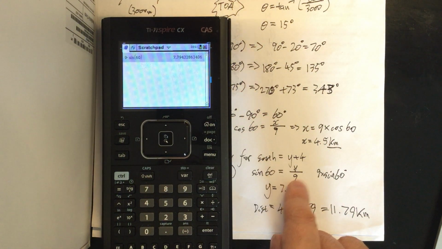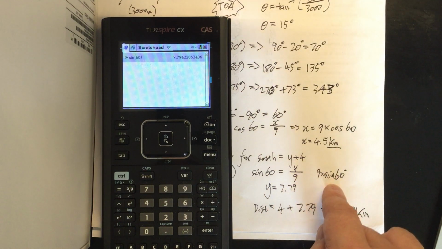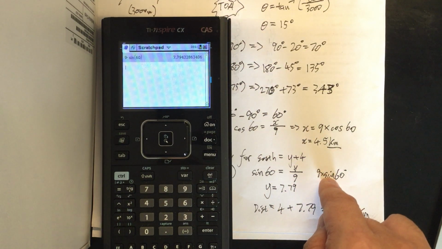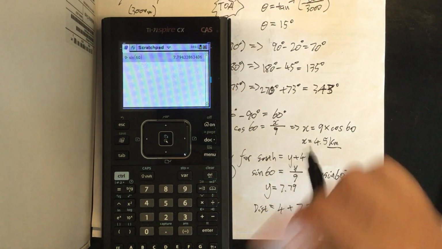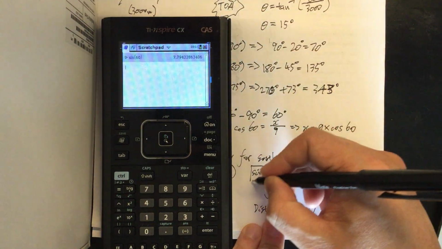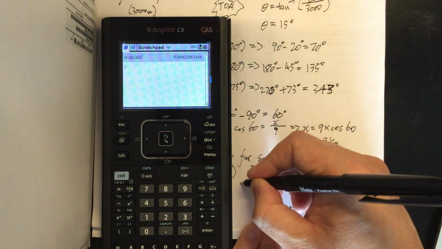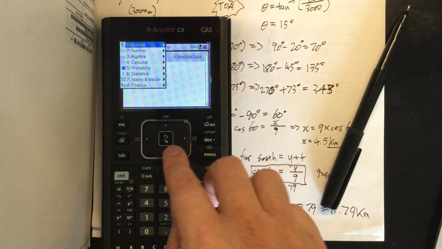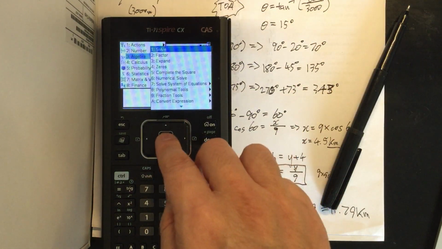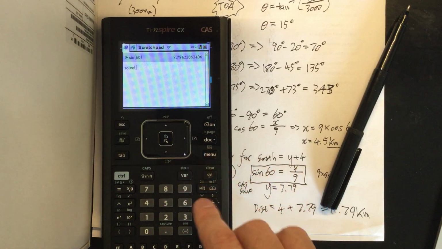Okay, and so for this particular question, if you're not confident doing it this way, because it's much quicker for me to do this, but if it's not efficient for you, type this into your calculator, CAS solve, just like usual. So menu, algebra. Remember, algebra is going to be accompanying us for a while.